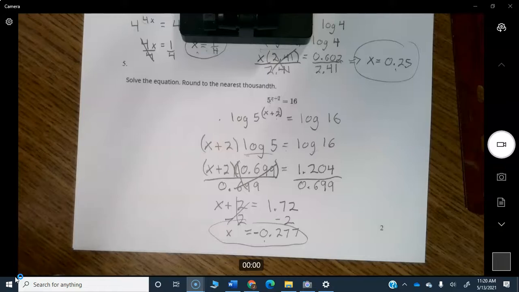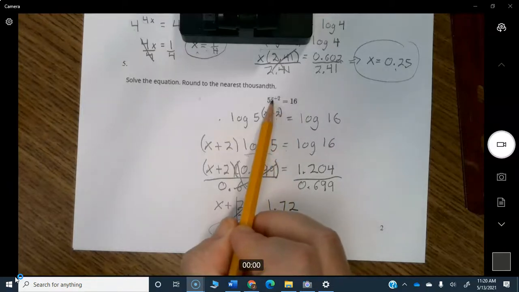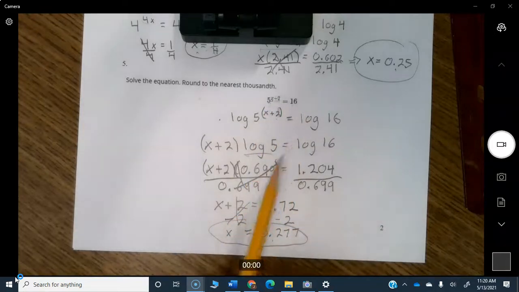Negative 0.277 plus 2 equals 1.723. 5 raised to the 1.723 equals 16. Okay, so that is the correct answer. So again, you take that, plug it in there. Negative 0.277 plus 2 gives you 1.72. 5 raised to the 1.72 gives you 16. Again, you don't have to do that. It's just a way of checking your work. All right, let's keep going.